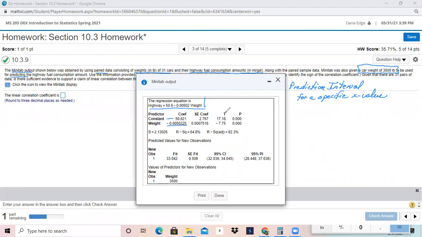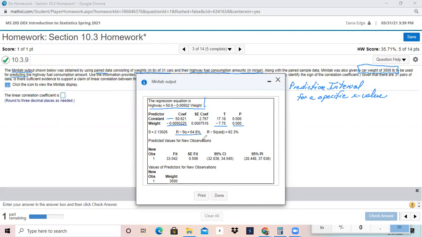If we're looking for a test statistic or a probability, a p-value, those are here and here. Those match up with the slope, just like the sign on the correlation coefficient is going to match up with the slope. So we're asked for the correlation coefficient r.